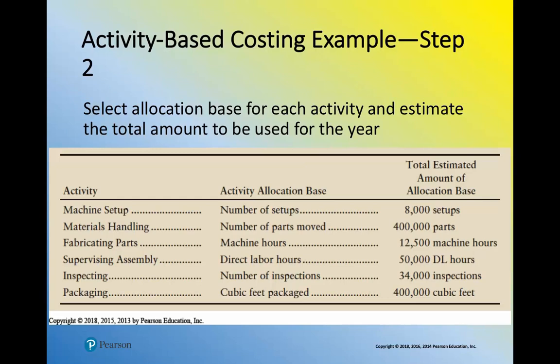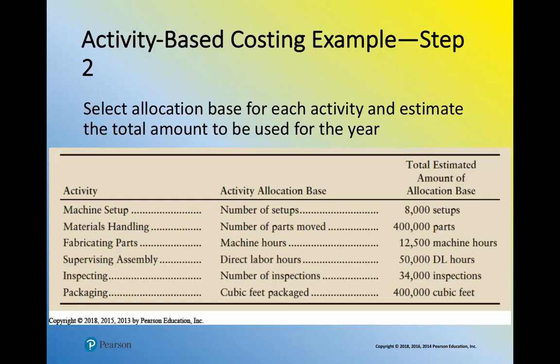However, for machine setup, material handling, inspecting, and packaging, we use some of these transactional drivers. So every time we set up the machines, for every number of parts we have in a particular job or a particular product, the number of inspections. Sometimes it's the amount of cubic feet used in the facility.